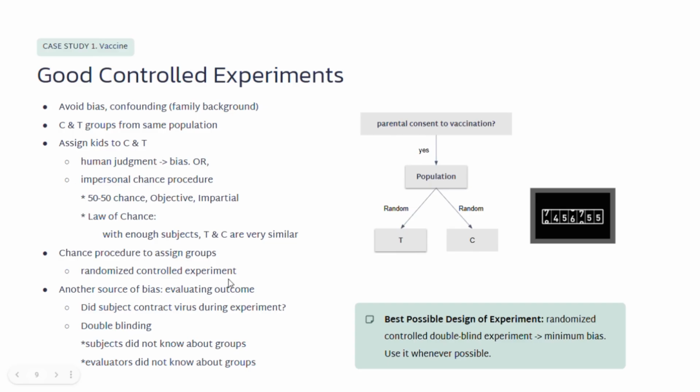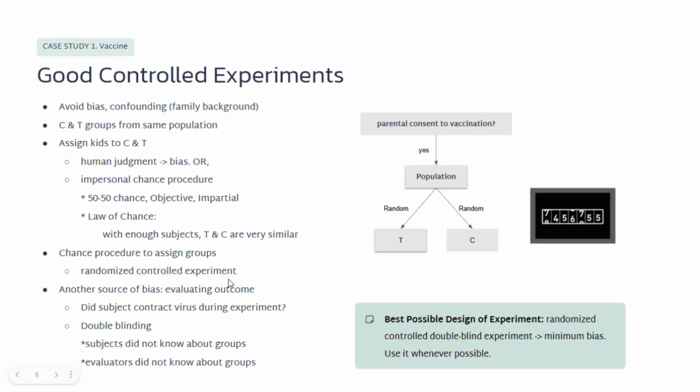So when an impartial chance procedure is used to assign treatment and control groups, then we say the experiment is randomized controlled. So we call them randomized controlled experiments.